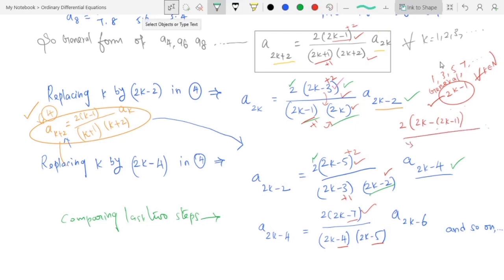To avoid multiple brackets, instead of this form, we can rewrite it as 2k minus 1 bar. Both are equal. You can write either 2k minus of bracket, or you can write it as a bar instead of the inner bracket.